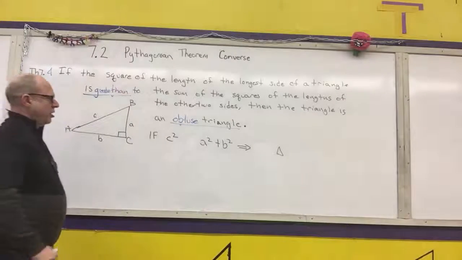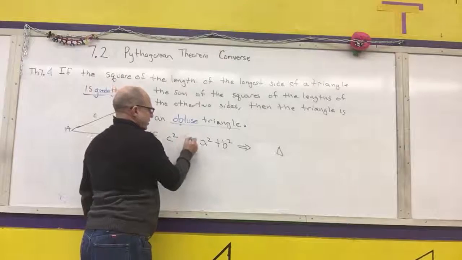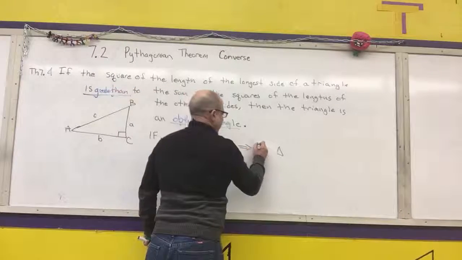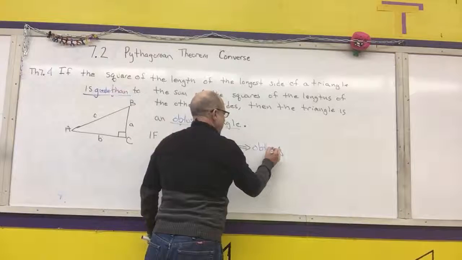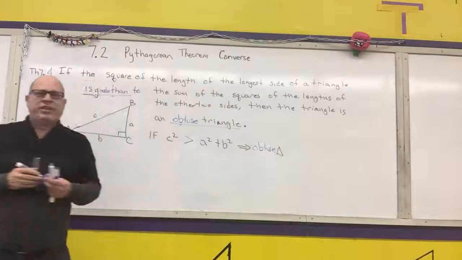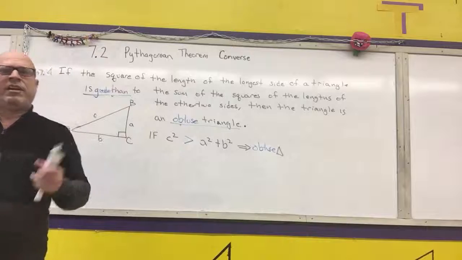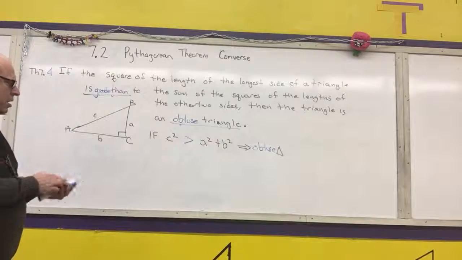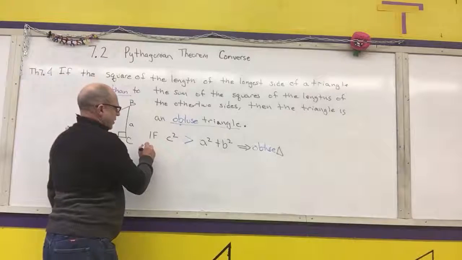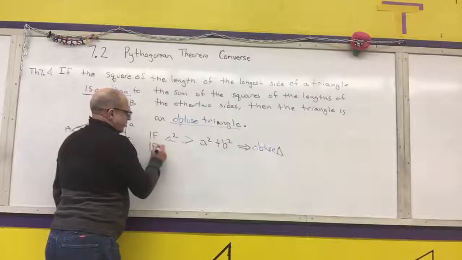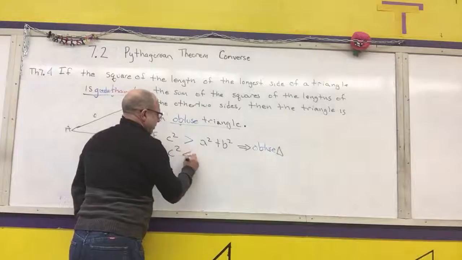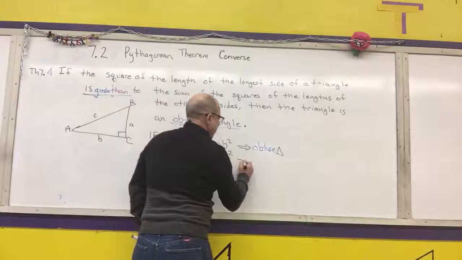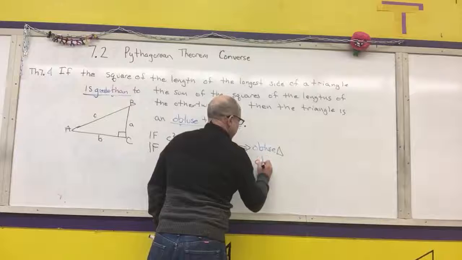And the shortcut: if c squared is greater than a squared plus b squared, then it is obtuse. Make sure to pause the video, and you need to have Theorems 7.2, 7.3, and 7.4 copied into your notes. And we are going to use these shortcuts to classify triangles based on their side lengths.